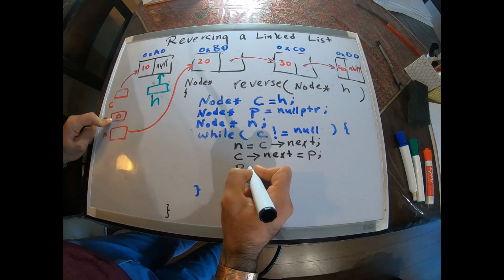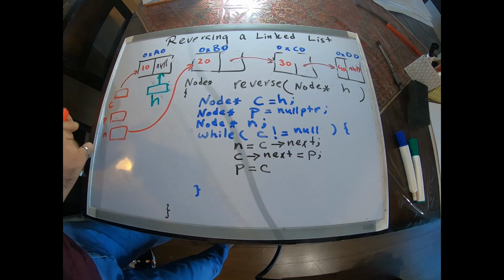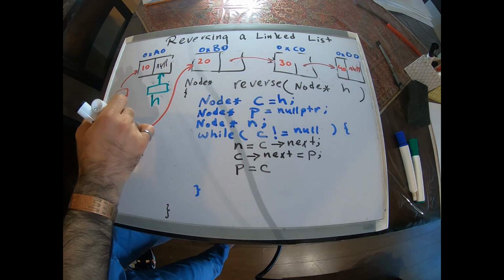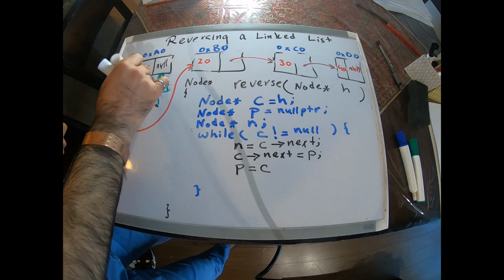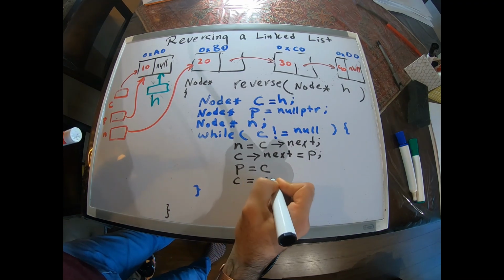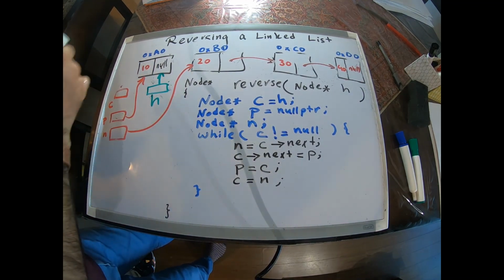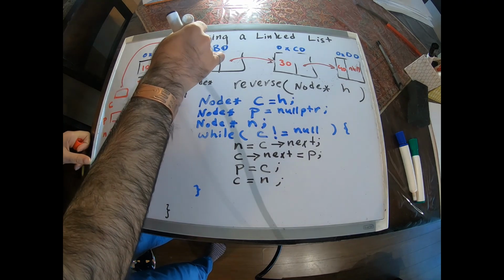So I'm gonna say P is equal to C. So this is not null anymore, it's gonna point to here. And C is equal to N, so this is gonna point here.